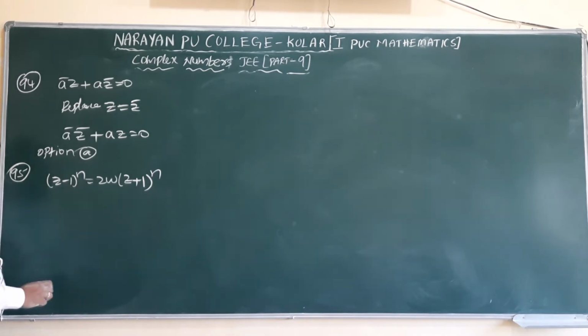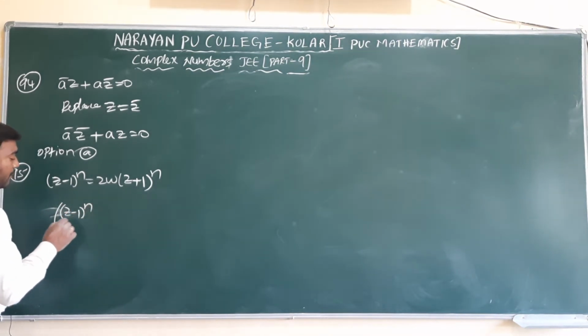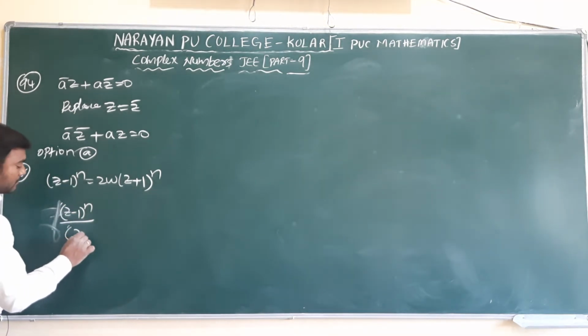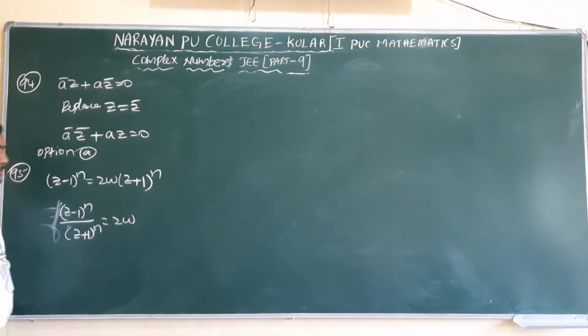It can be written as (z minus 1) whole power n divided by (z plus 1) whole power n is equal to 2 omega.